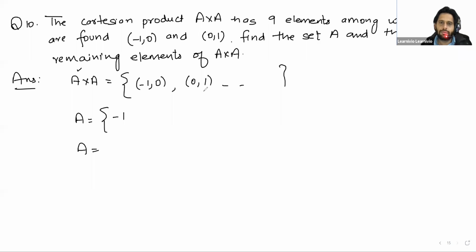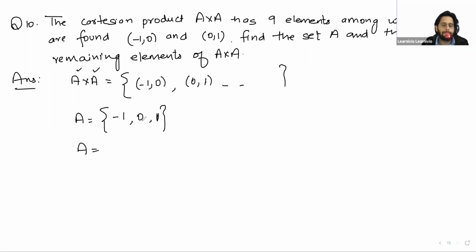This first value belongs to the first set, so this is 0. Now this 1 belongs to which set? Second, sir. Same.